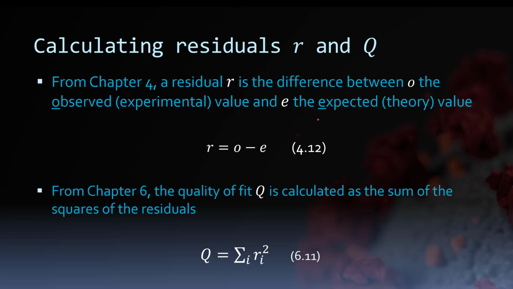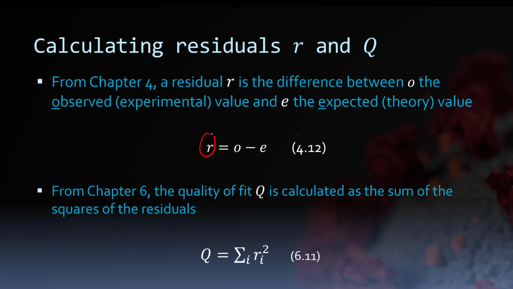All right, I think that's a pretty straightforward thing. In the spreadsheet, we have a column for residuals, and we can fill that in. Then the next thing we need to calculate is the residual squared. The reason this has a subscript is because we're going to add up all the r squareds in the column.